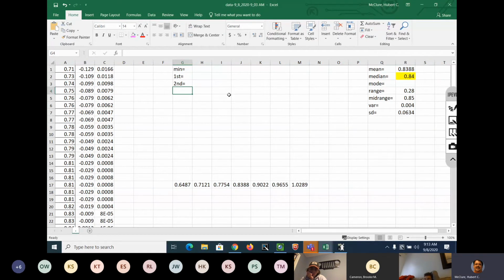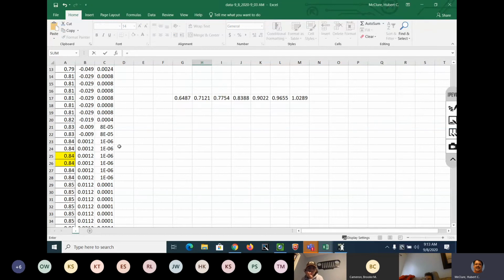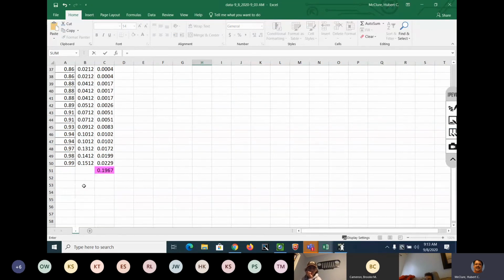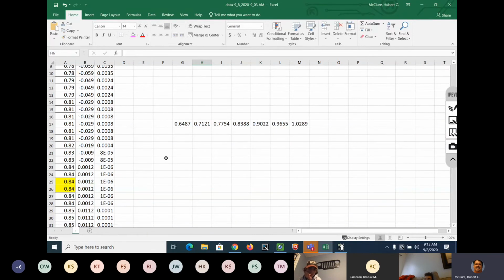And the max is equal to the big number down at the bottom. And the min is equal to the small number at the top. The second is equal to our median, which we'll color yellow.